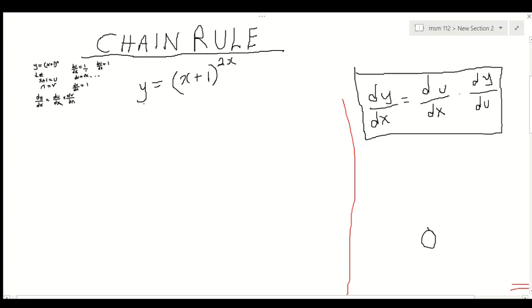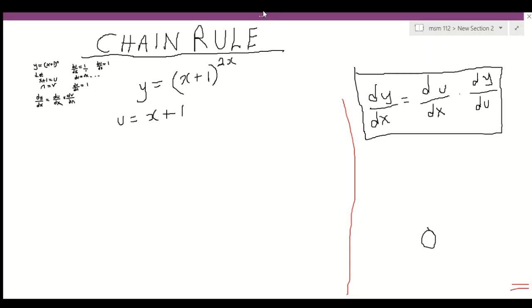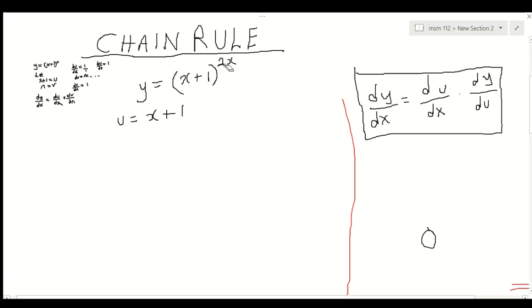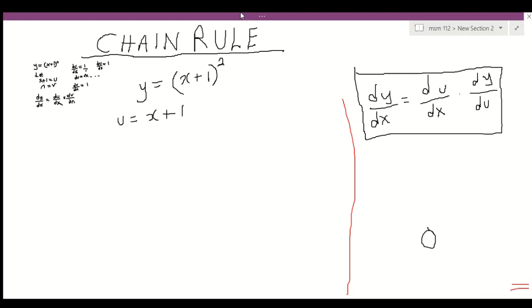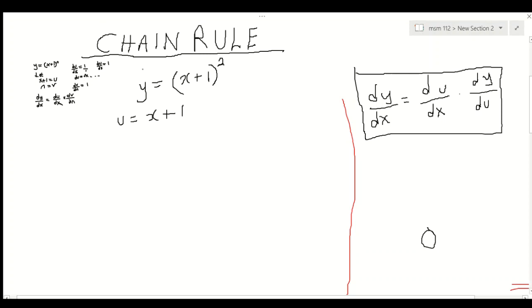So in this case, we'll say let u be equal to x plus 1. This example is very simple. So this is just a 2, to the power 2 there. You let u be equal to x plus 1.